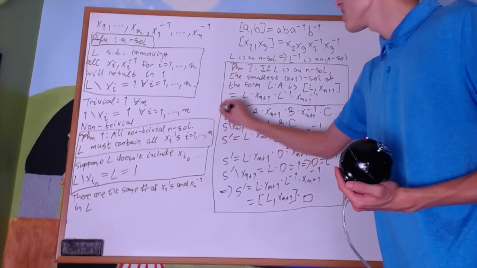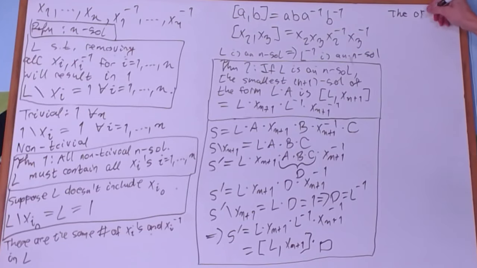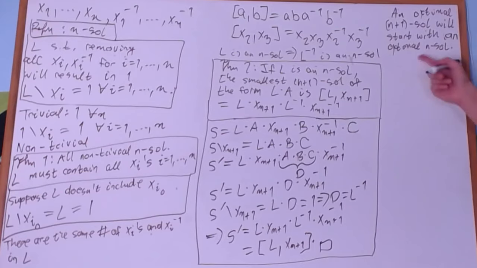Now the final thing I'm going to prove is that the optimal n+1 solution will start with the optimal n solution. And I really mean A, because it can be any of the possible optimal solutions. So any optimal n+1 solution will start with an optimal n solution.